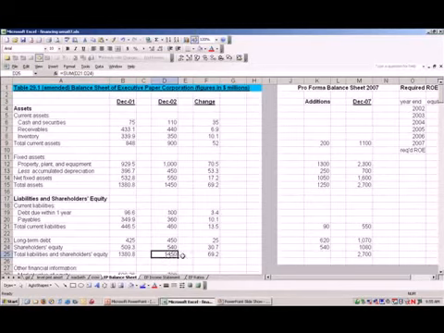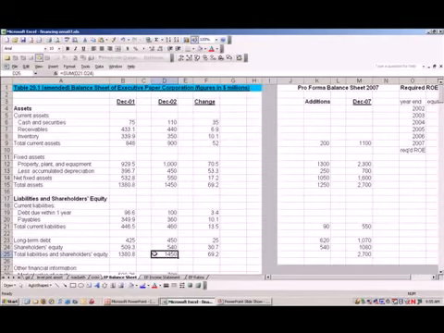Now, there are several ways that we might be able to go from $1.45 billion in financing to $2.7 billion in financing, but we need to adhere to our target financing ratios.